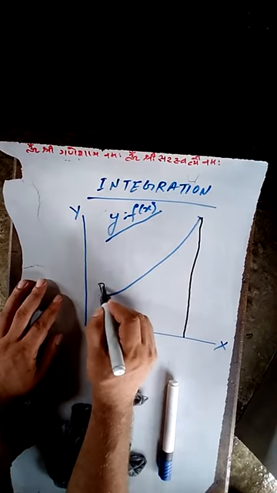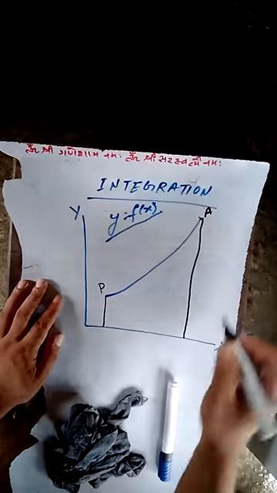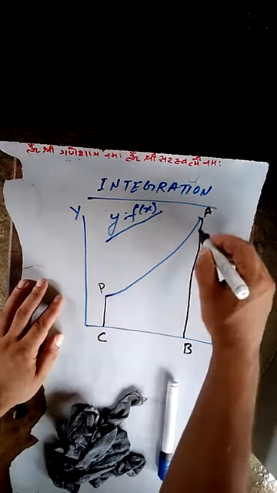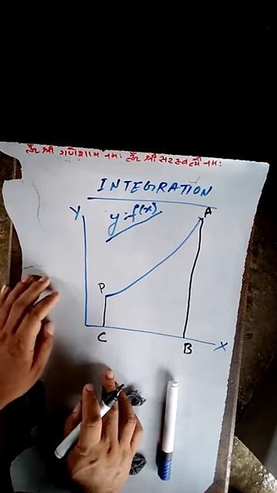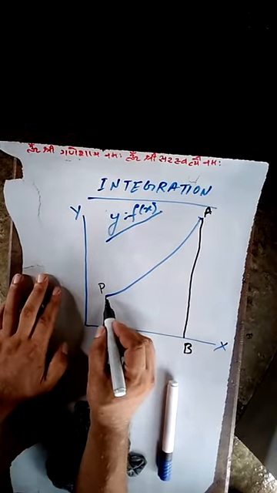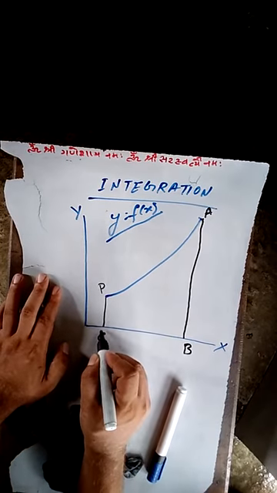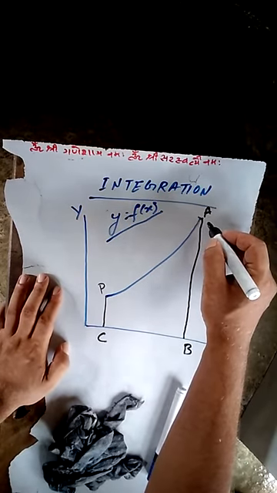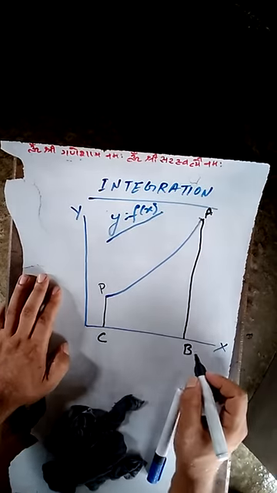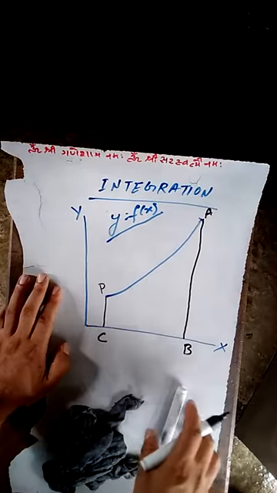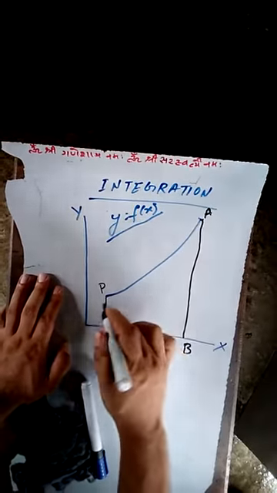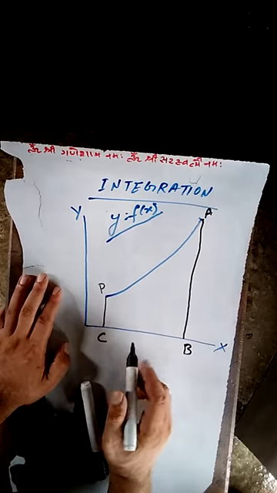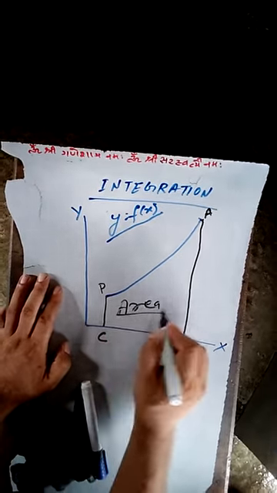Suppose this is point P, this is A, this is B, and this is C. So the curve is PA, the curve equation, and we have drawn a perpendicular line from point P on the x-axis to the point C. Likewise, we have drawn a perpendicular line from point A on the x-axis at point B. So this area PABC is the area under the curve, and we have to find this area.